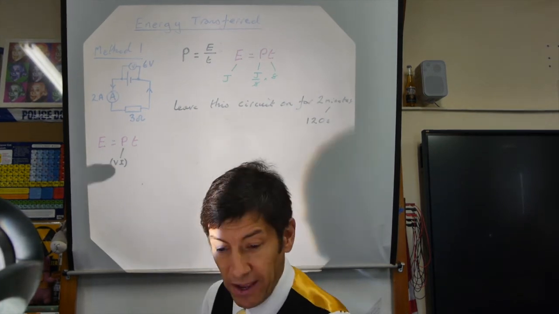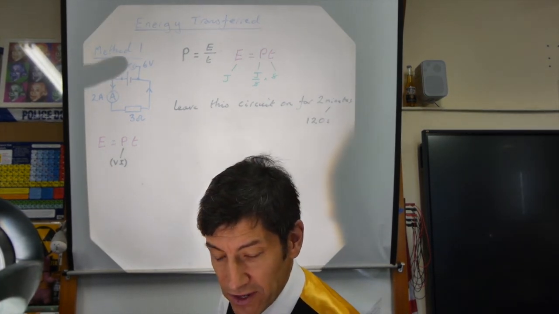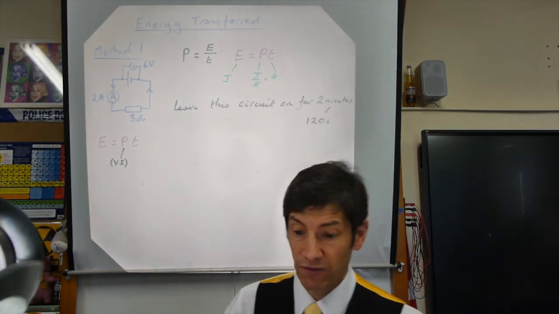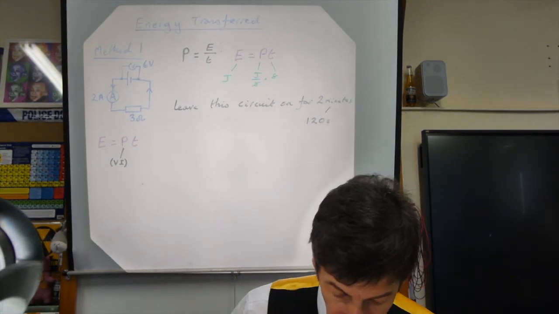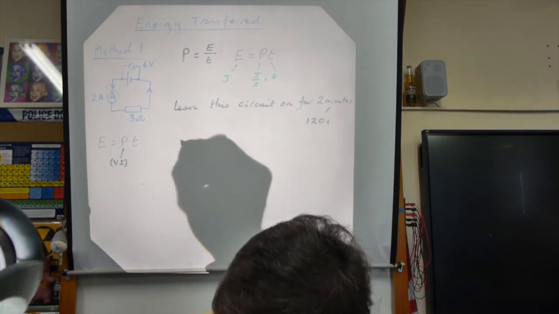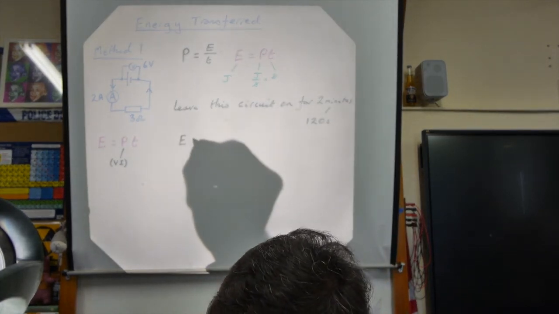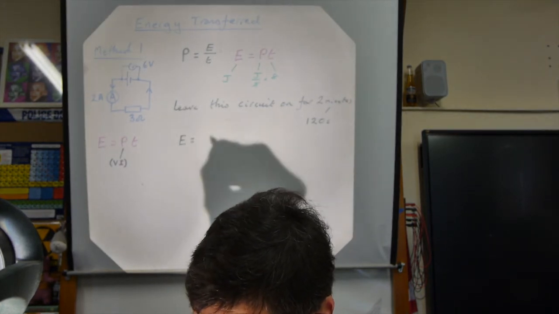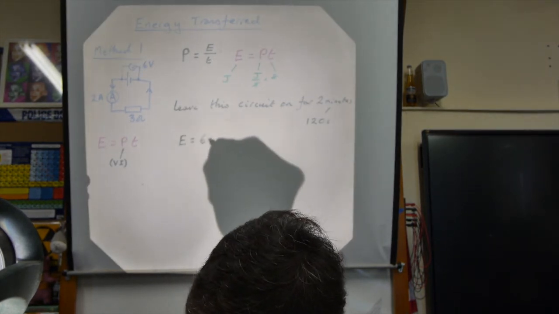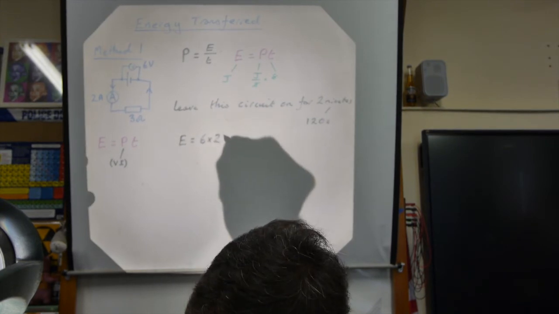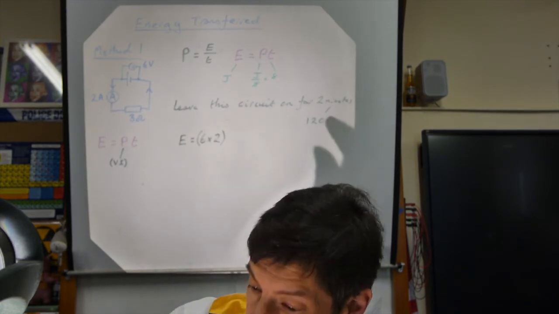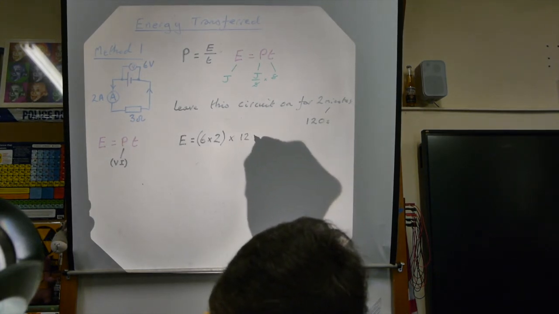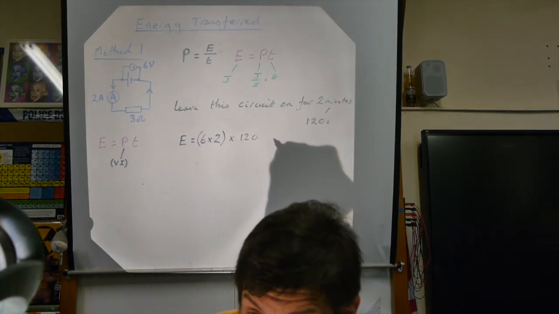And that's going to help us because we only have values of V and I here, so we will need to calculate the power first. So let's do the calculation then. The energy that this circuit will release is the power, which is volts times amps, potential difference 6 times current 2, times the time we leave it on for, so times 120 seconds.